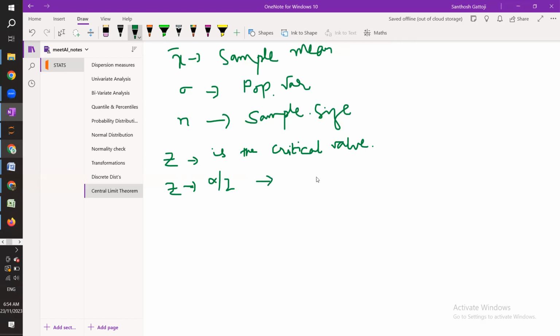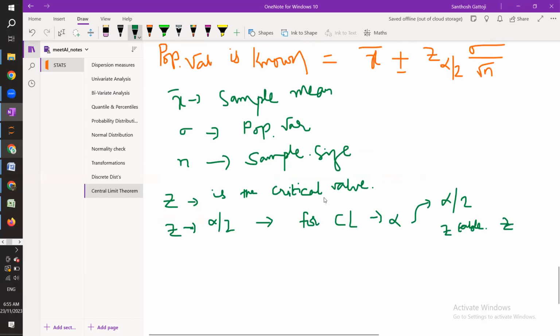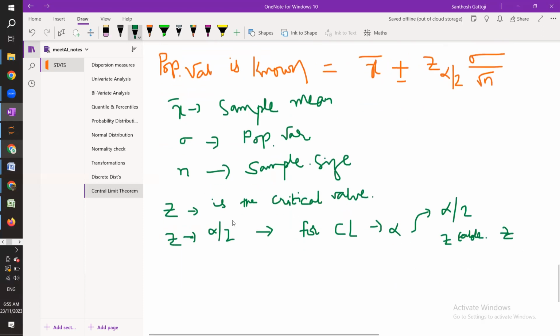For a particular confidence level we have a particular alpha, and from this alpha you will get alpha by 2. Then we can go to the z tables and get the z critical value. I understand this step is not clear to you, and we are going to see it in a moment, so don't worry about it.